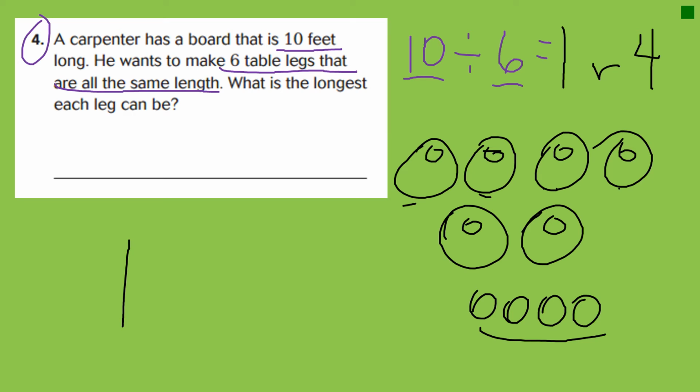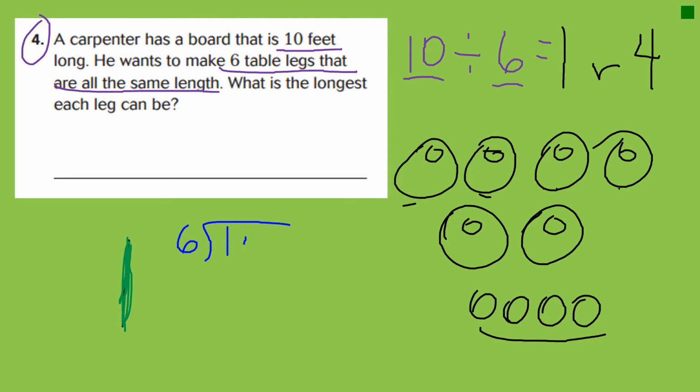So are you going to go to the carpenter and say, I want each table leg to be 1, remainder 4, please? He'll be like, what? So here's what we do in a problem like this. I'm going to write 6 and then this.